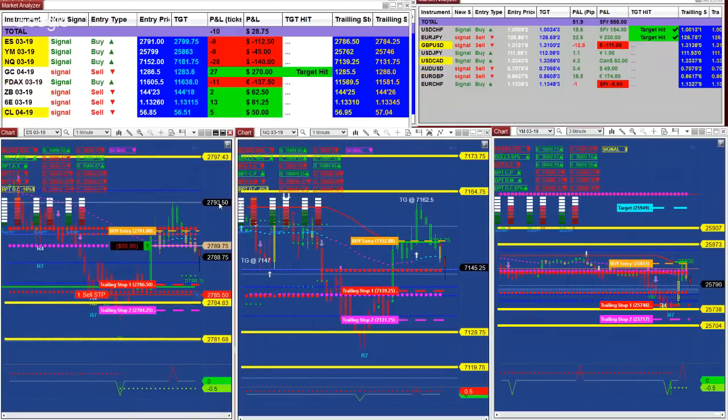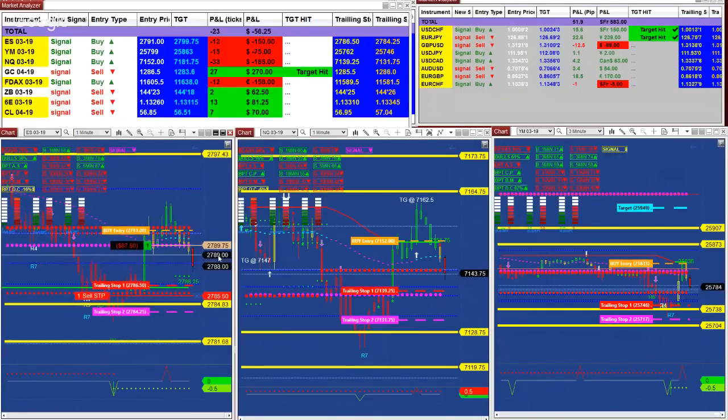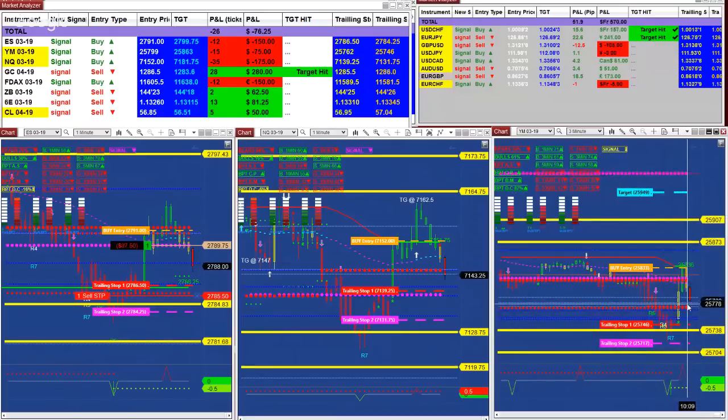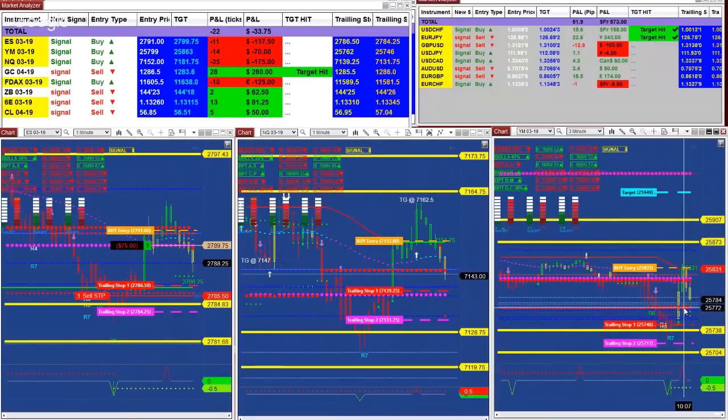So let's wait. You see, we are flirting with that area here, so you have to be careful. We have a projection at 27.87.25. I doubt right now they are going to break those areas. Also, there is tremendous support in the YM.